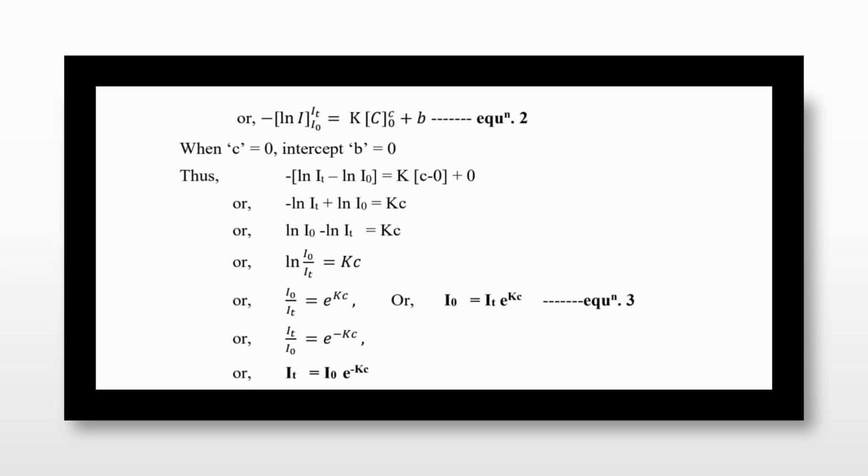After further simplification, we get I_T equals I_0 e to the power minus kC, or which can also be written as I_0 equals I_T e to the power kC. This is the final equation of Beer's law.